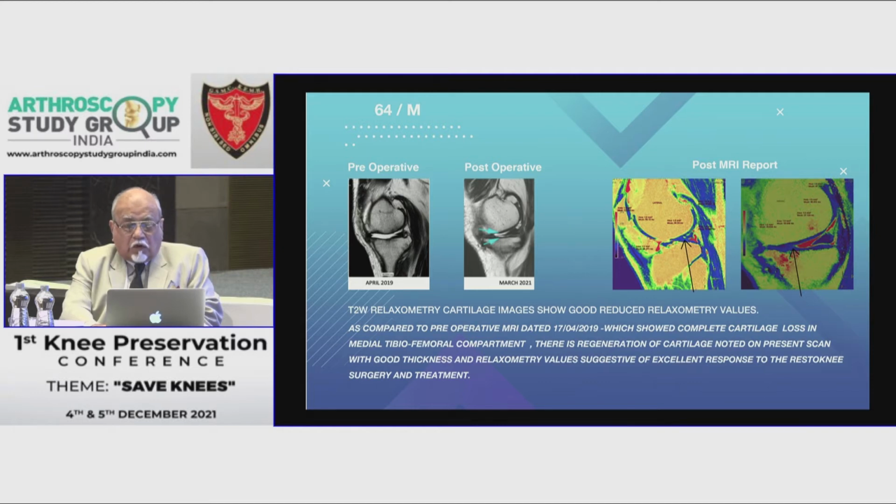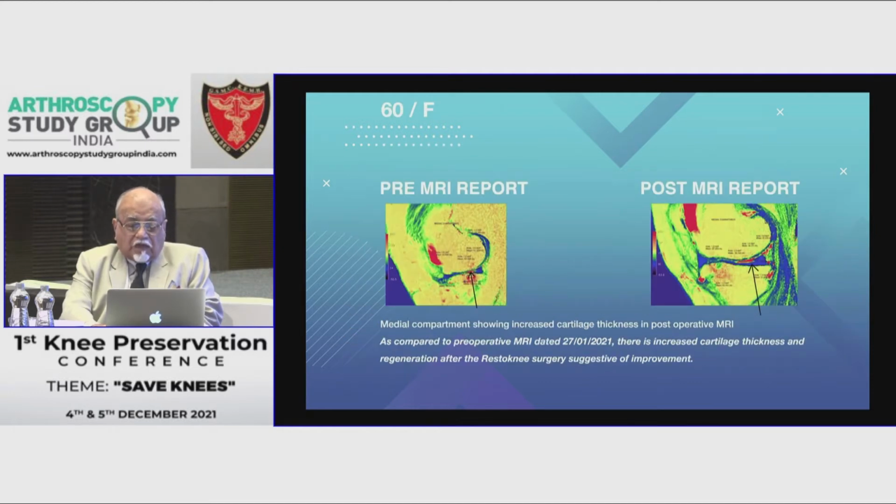Relaxometry value in normal cartilage is between 20 to 40 ms. Other case, 60 years old female, pre and post MRI done, and cartilage mapping was carried out, and report given by the Medimex radiologist as compared to preoperative MRI dated 27/1/2021. There is increased cartilage thickness and regeneration after the Rastoni surgery suggestive of improvement.